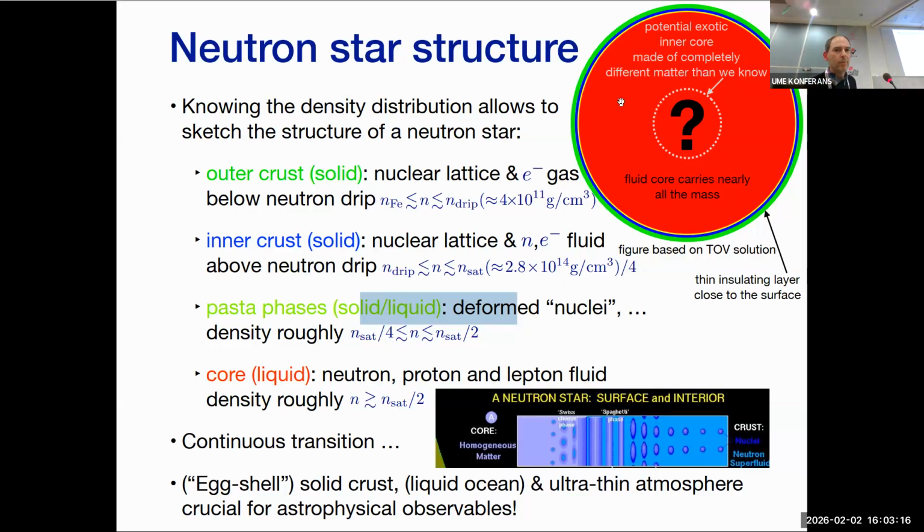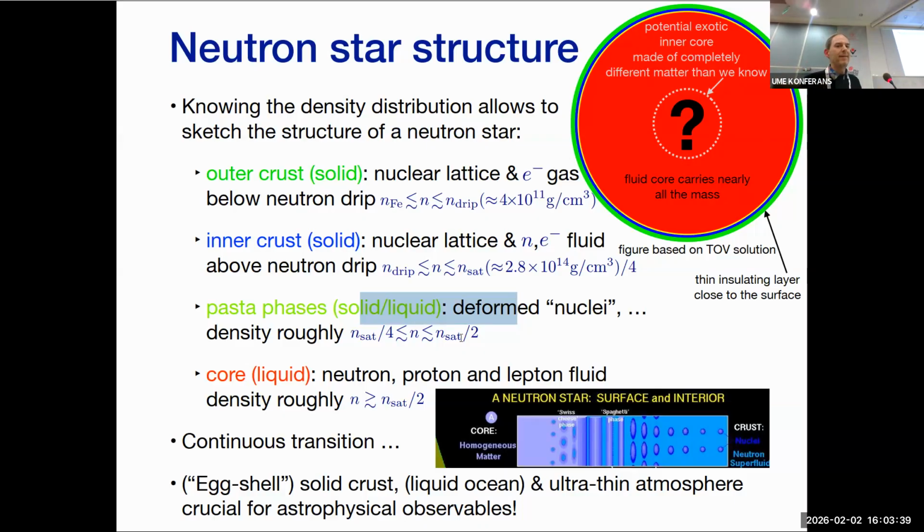So the most outer part, and this here is a realistic picture, depending on a realistic equation of state. Everything that's red, that's the core of the star, and that's basically everything. That carries most of the mass. And then you have this eggshell layer, that's the crust, that is made out of matter at lower densities.